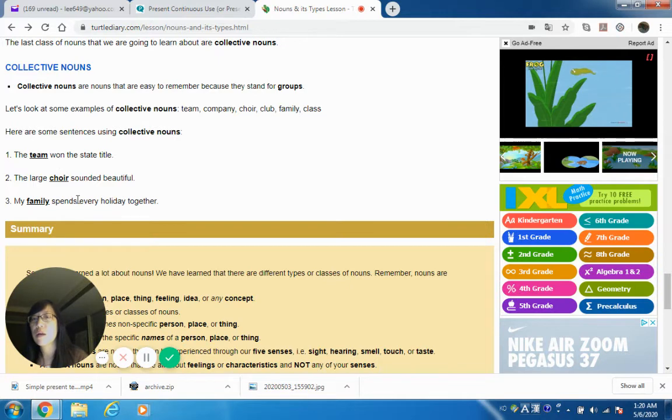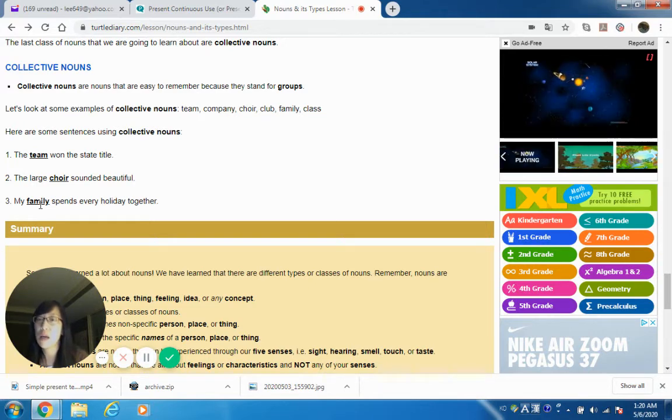But for the simple present tense, you have to add s. Now, my family, this is considered a singular noun. It's a collective noun. A collective noun goes both ways. Sometimes you're going to treat it as plural, sometimes as singular. So depending on the situation, you have to treat it as either singular or plural.